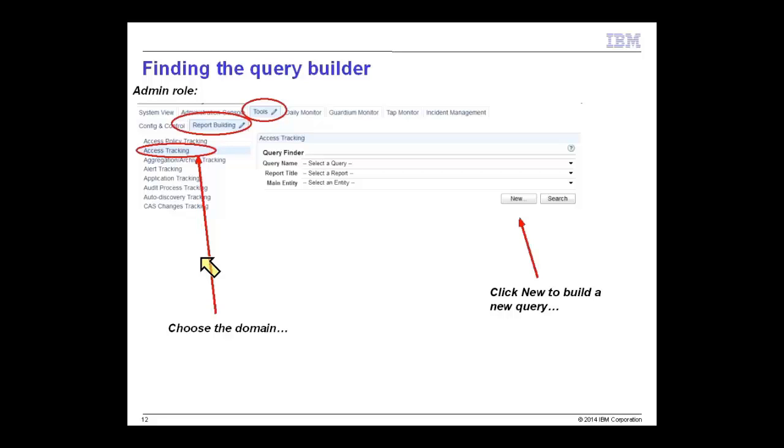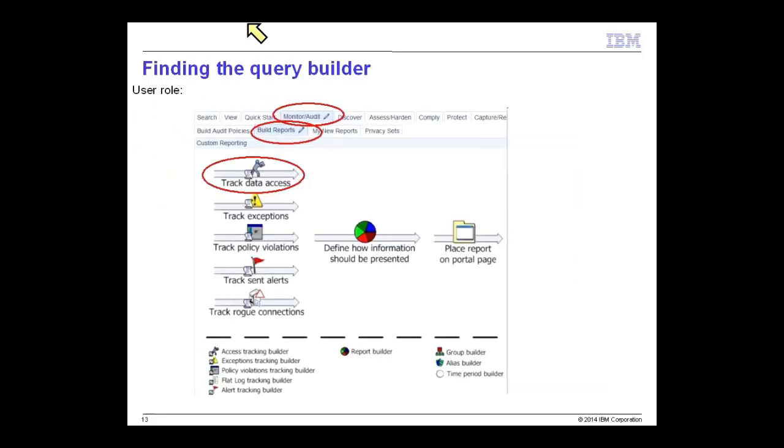The second case will be a regular user that has a monitor and audit tab that has a few tabs underneath. One is build reports, and again, this is the track data access. There are other builders for other domains, like the exceptions, the policy violations, sent alerts, and raw connections that appear on the screen.